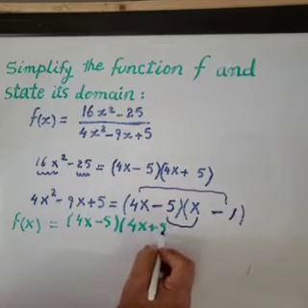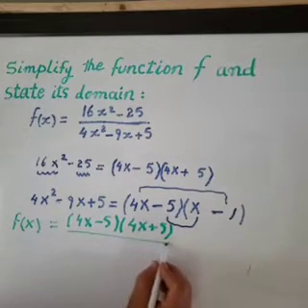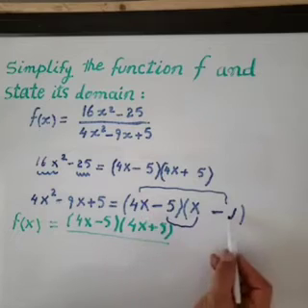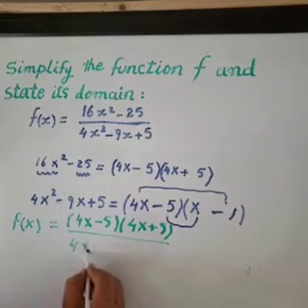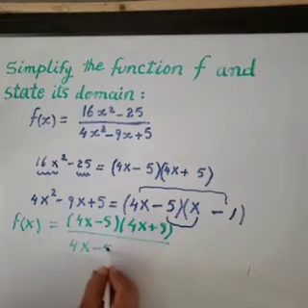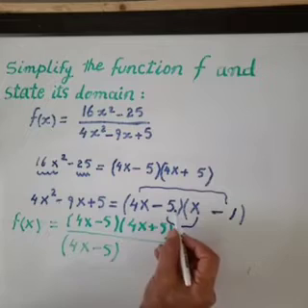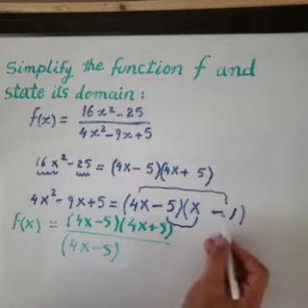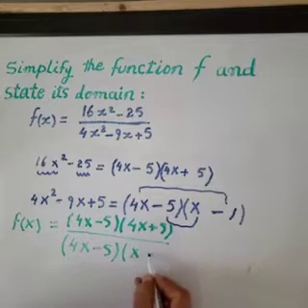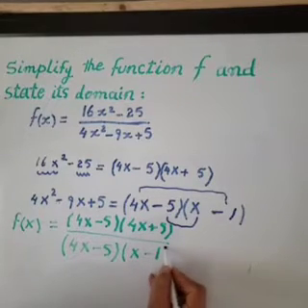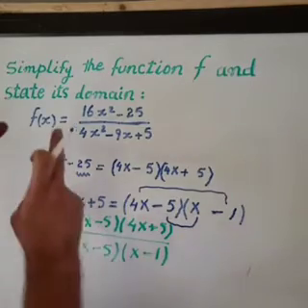This is for the numerator. And also for the denominator, I will write the two factors, which are 4x minus 5, this one here, 4x minus 5, and the other one is x minus 1. This is the new shape for the function.